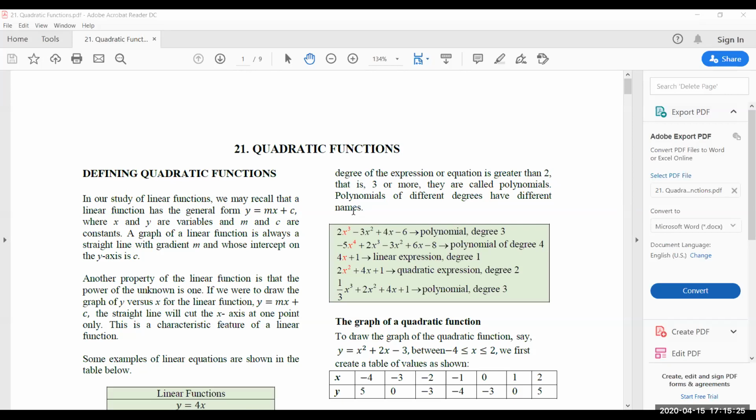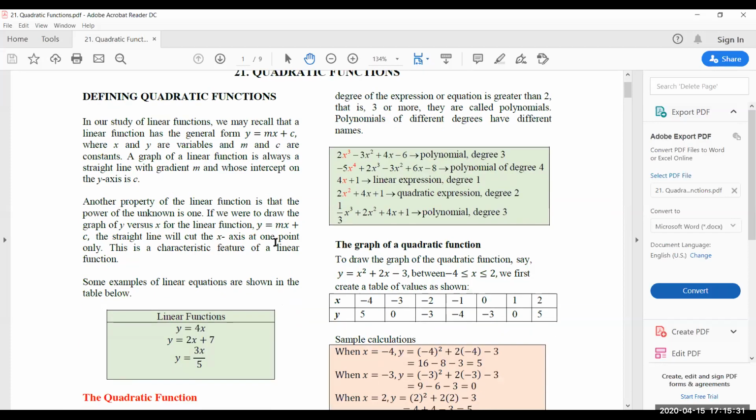Okay, so let's start off with quadratic functions and defining a quadratic function. So far in our study of linear functions, that just basically means simple functions, we may recall that a linear function has a general form y is equal to mx plus c. And if you all could remember, when we did coordinate geometry, we met this here, and that is the equation for a straight line, right?